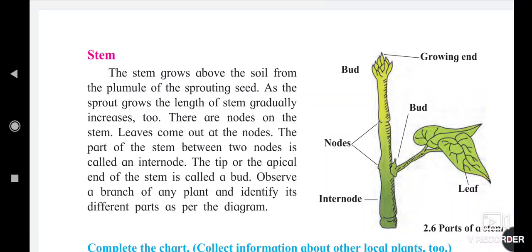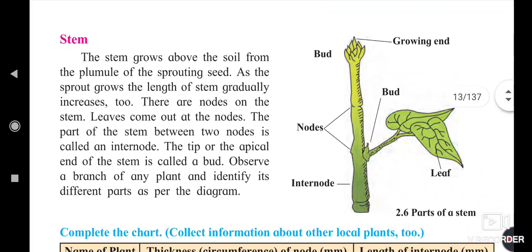So, after looking at the root, we have the stem. The stem is near the soil, from which the roots grow. So here is the picture from which we get the information about the stem.